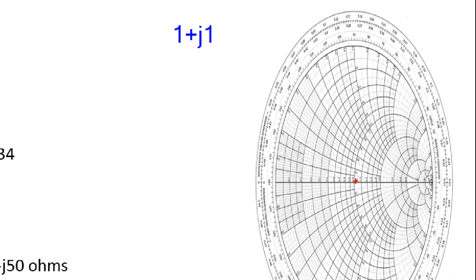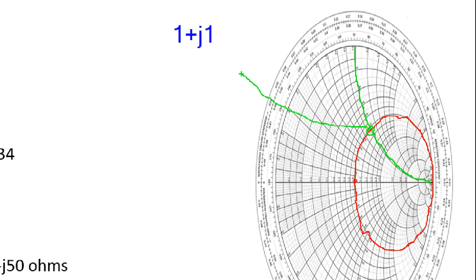Now I will trace this line completely on the Smith chart. The intersection point is what we get as the final step.